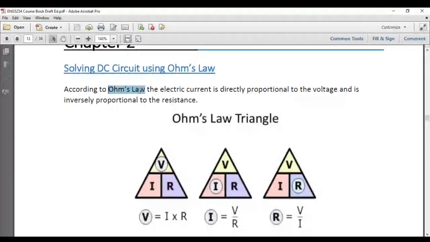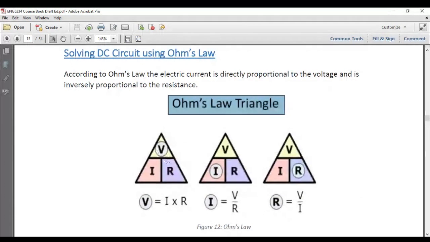As you know, Ohm's law was named after the scientist Ohm, and ohm is also the unit of resistance. He defined a relationship between three electrical quantities which are mentioned here: one is voltage, one is current, and the third one is resistance.